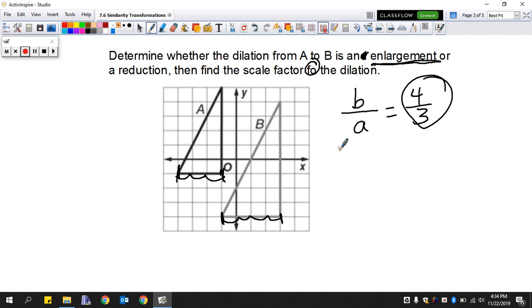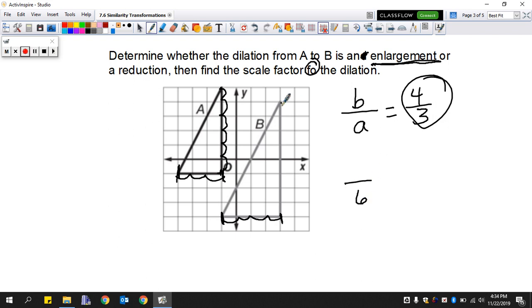I did the bottom. We could have done this side, or if we really wanted to make things difficult, we could have done the hypotenuse. If we look at it, this is 1, 2, 3, 4, 5, 6. So A is 6.